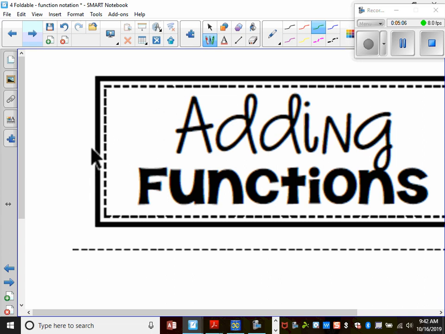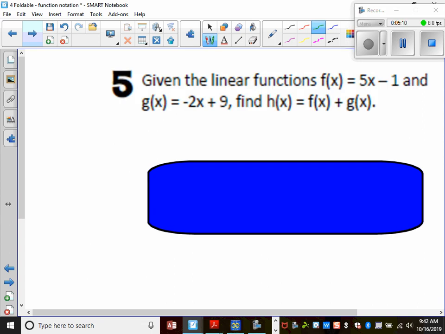If we're adding functions together, it's just like combining like terms together. We combine x's to x's, constants to constants. We've done that before, but this is the way you're going to see it written. It says, given the linear function f of x equals 5x minus 1, and g of x is negative 2x plus 9, find, and they're going to call it a different name, h of x, when you add the two functions together.